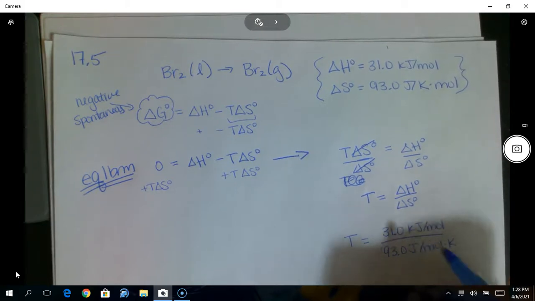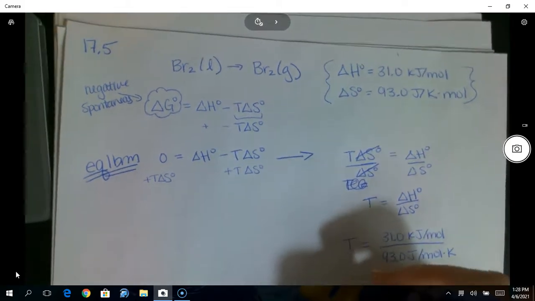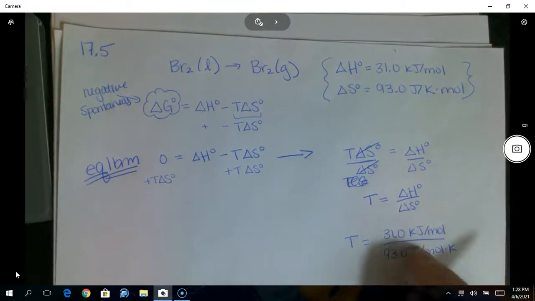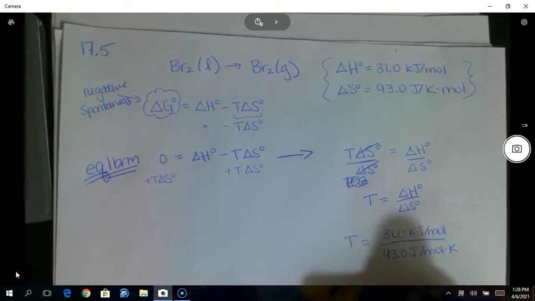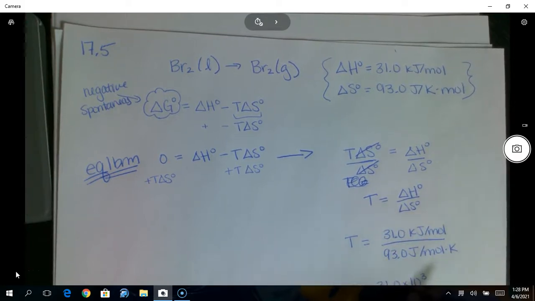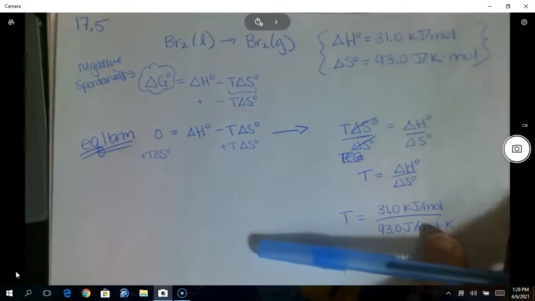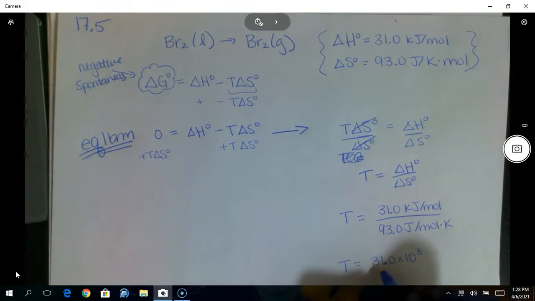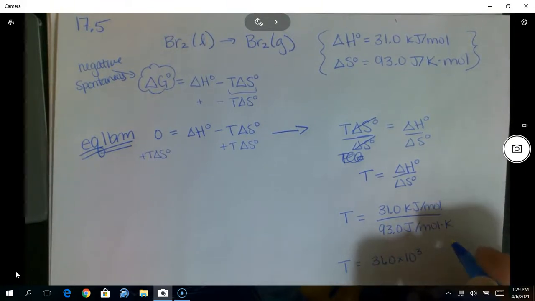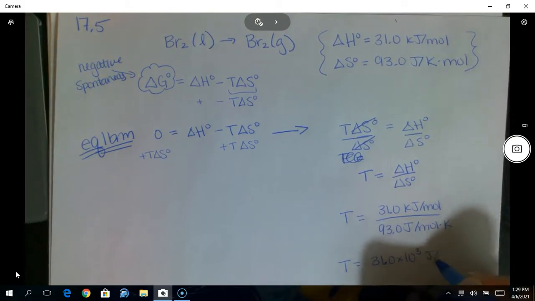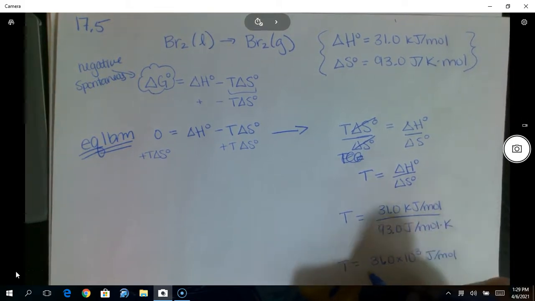We need to make this top piece in joules so it'll work out with the bottom. So this is going to be 31.0 times 10 to the third, which is not proper scientific notation. Proper scientific notation would be 3.10 times 10 to the fourth, but since we're just going to plug this into our calculator, I don't really care that much.